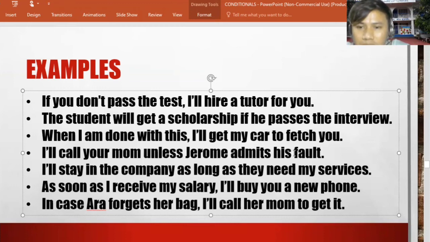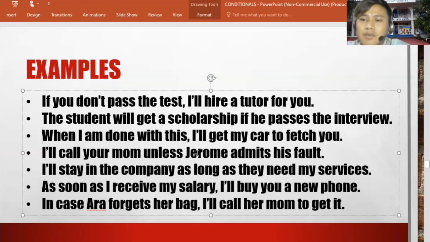Maybe you are quite unsure why there's no if, sir. Why there's no when. There's no need, for we have already used unless in our sentence. Understood?